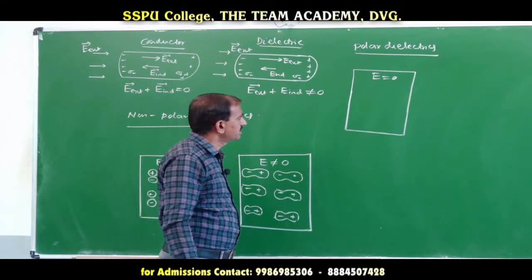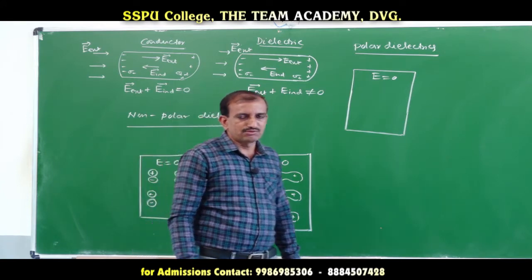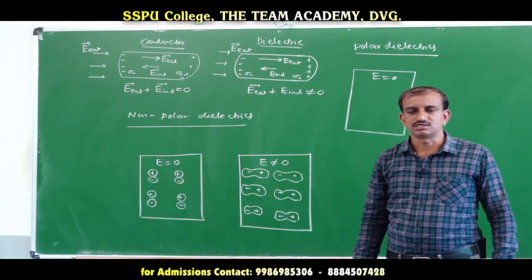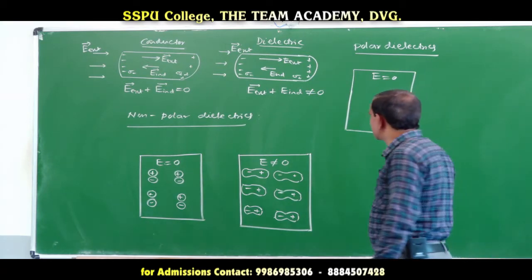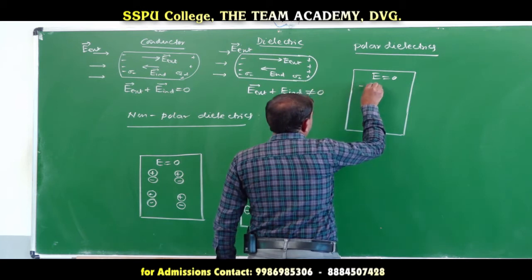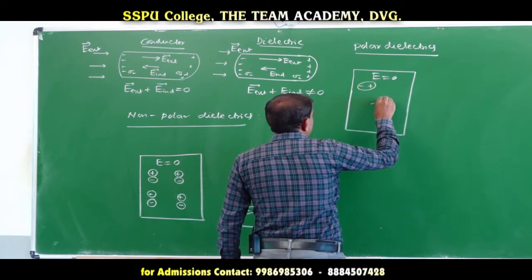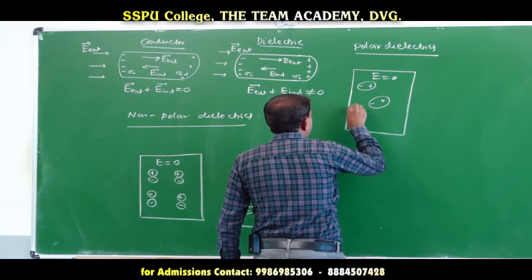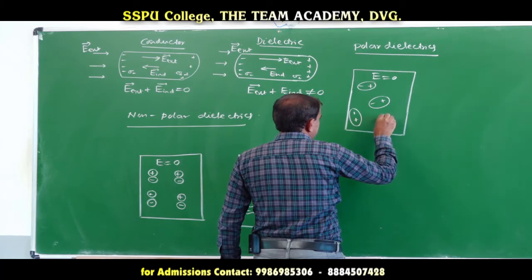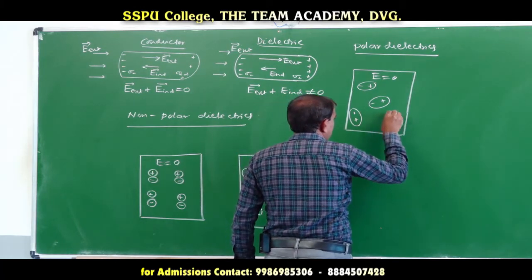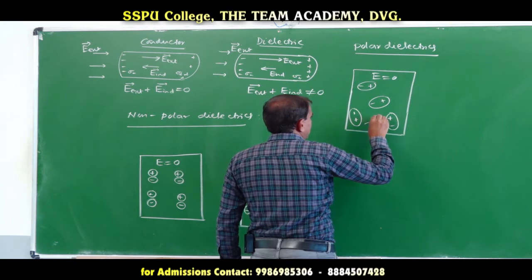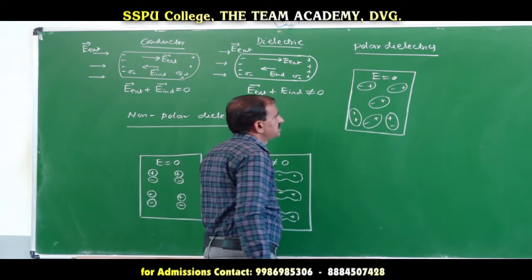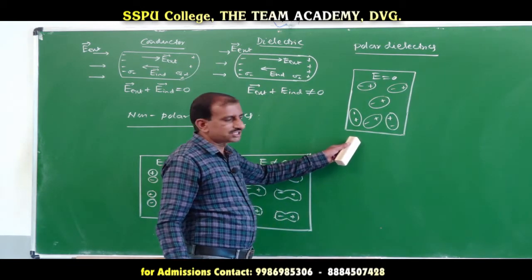The polar dielectric molecules are the dielectric molecules in which the centers of positive charges do not coincide with the centers of negative charges. These polar dielectric molecules orient in random directions in the absence of an external electric field. They are oriented in different directions. This is in the absence of an external electric field.